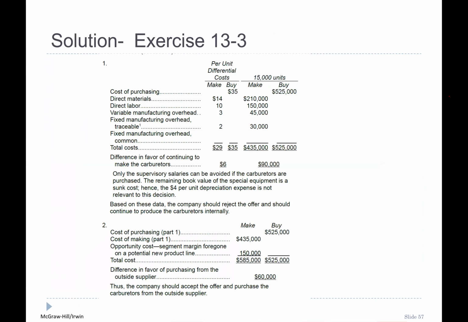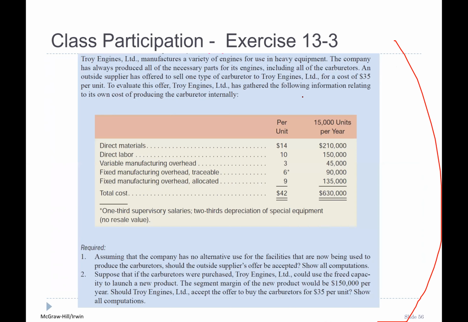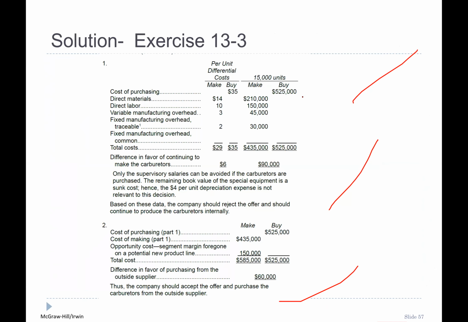Let me show you the question and the solution as well. So the make or buy decision is here, and there is also a cost of part one, and it is like that. Let me just go back one more time. Pause the video here, try to do it by yourself and compare your answer from here, and that's all.